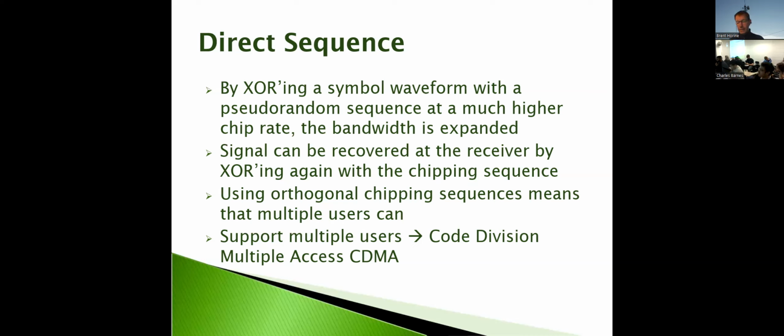Because our rate of this chipped version is now much higher, that requires more bandwidth to send. So we're spreading that signal over a broader bandwidth. The distinction from the frequency hopping system is that frequency hopping tends to occupy a narrow bandwidth at any given instant, but over time it's visiting all sorts of different channels throughout that spectrum.